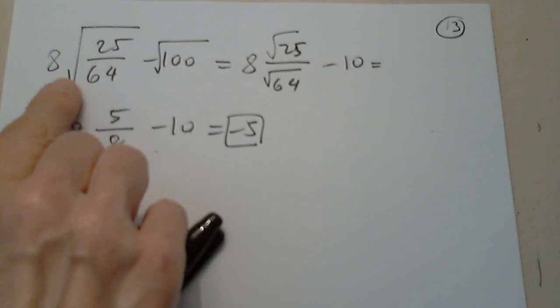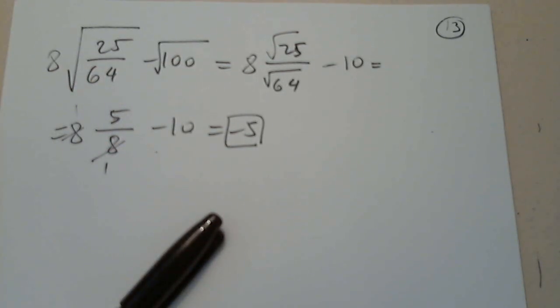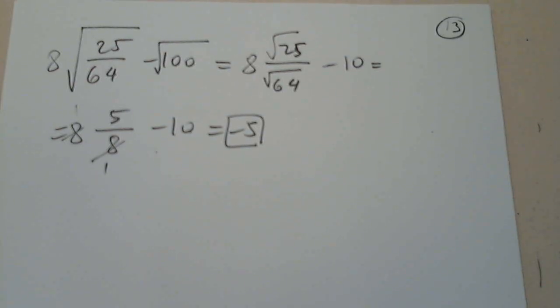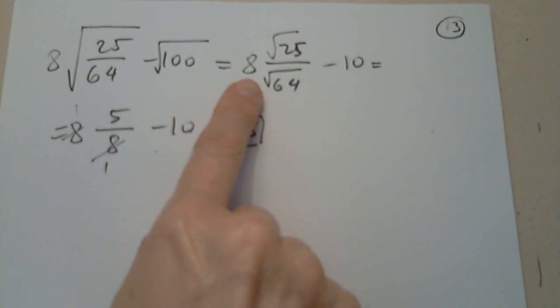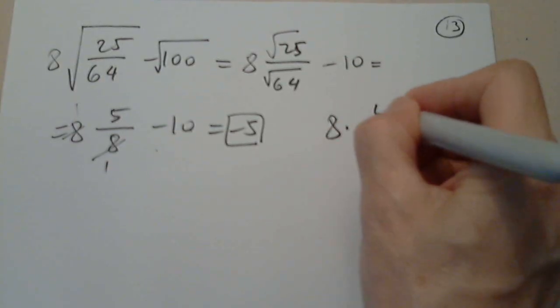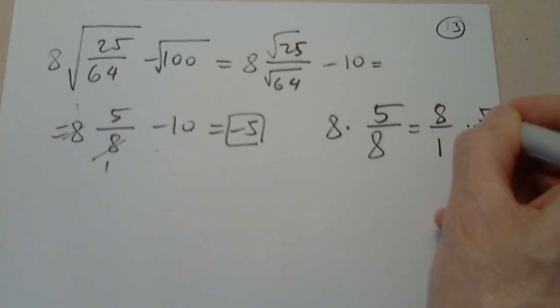If there is no operation between 8 and the square root, it is multiplication. She took the square root of 25 individually. If you go into your calculator, the square root of 25 is 5. And that's what she did. She just broke it down into 2 different square roots. So there is a product here: 8 multiplied by 5 over 8 is 8 over 1 times 5 over 8.